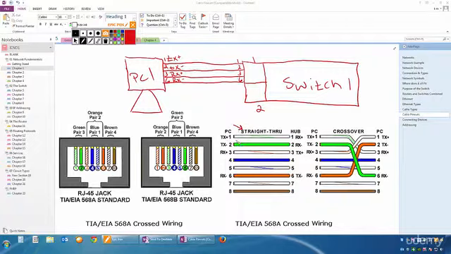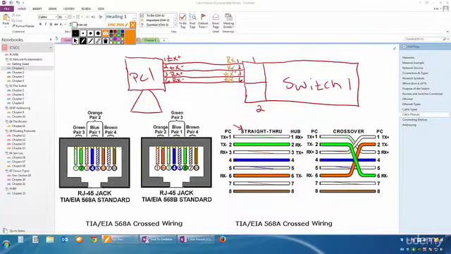Interesting. Now, based on what you just told me, Kyle, that means there's no way this switch port, it's like your normal Ethernet ports, I mean, it's still an Ethernet port, but there's no way this communication happens unless this is a receive and this is a transmit. So pretty much, if I understood what you stated before, that means 1 and 2 from a switch will be receiving, and 3 and 6 will be transmitting.